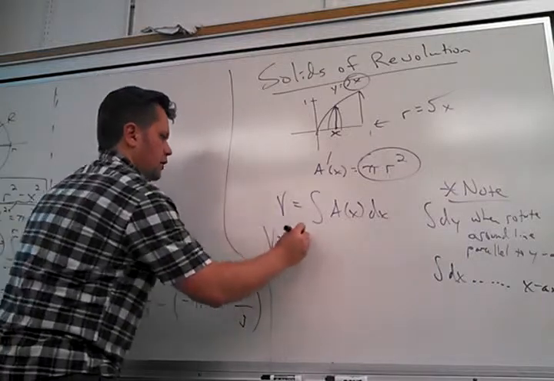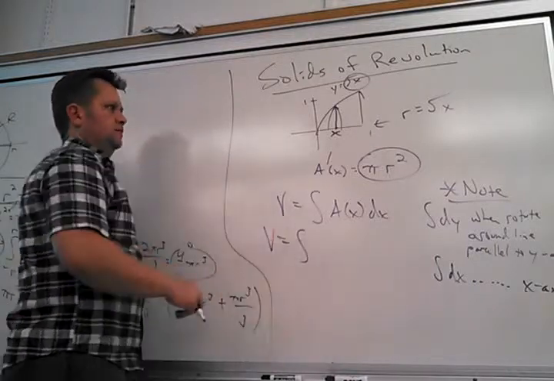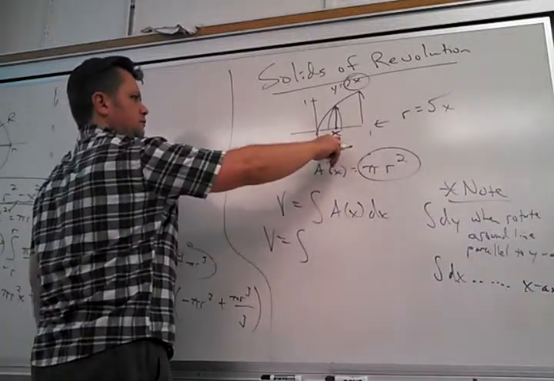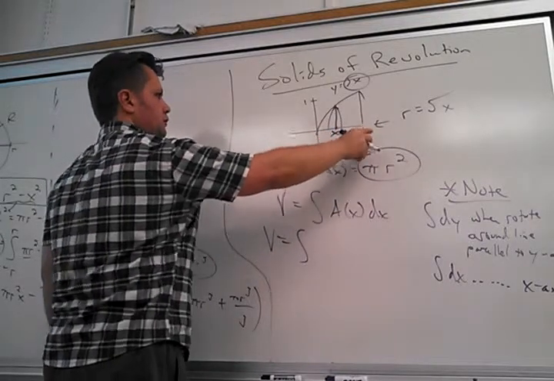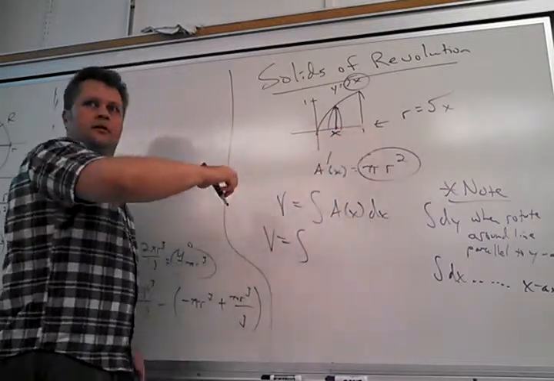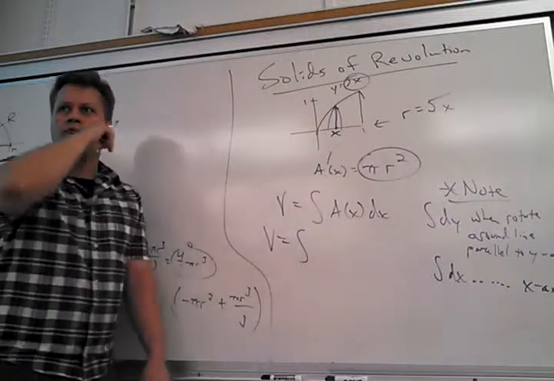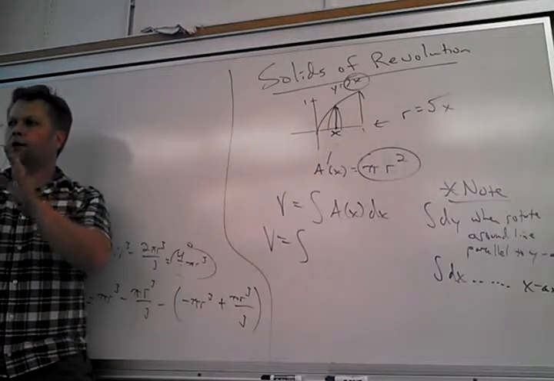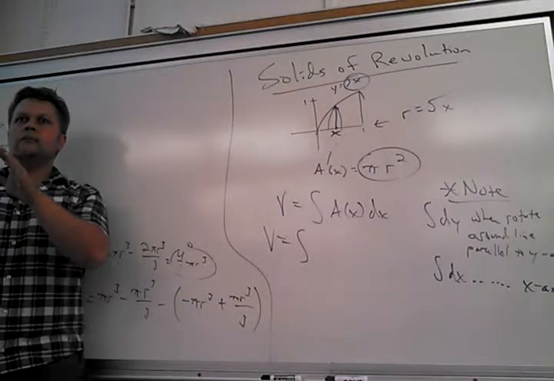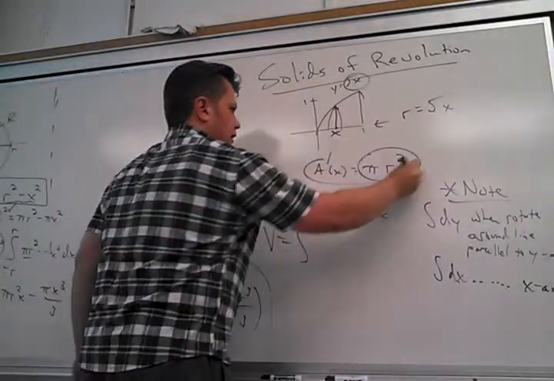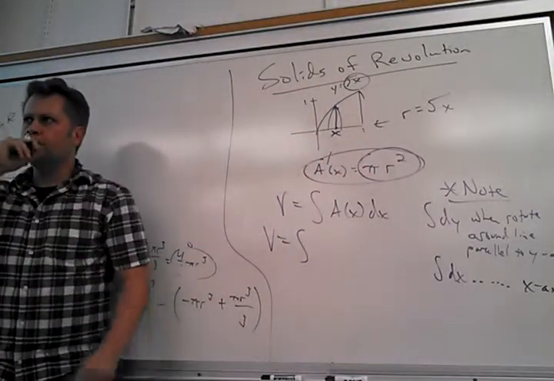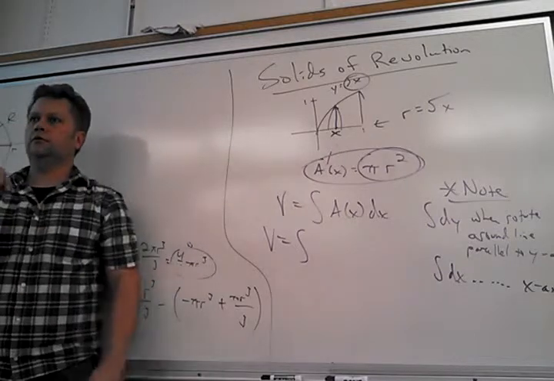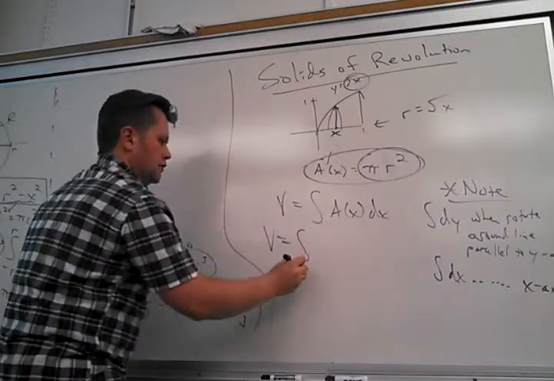So what's this thing going to look like? What am I going to integrate from to? What does x do? Let me give it away. 0 to 1. Again, I do not need the 3D image at all to be able to set this integral up. So why does it end up being 3D? Because of this. That's the part that captures the rotation. So here I'm going to have from 0 to 1.